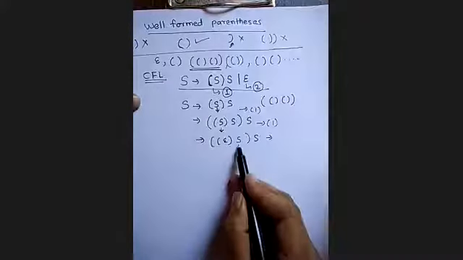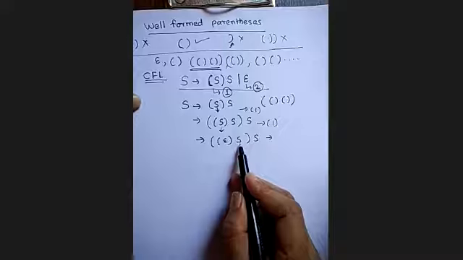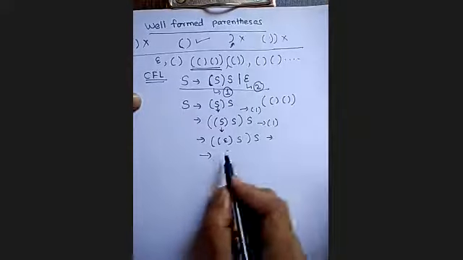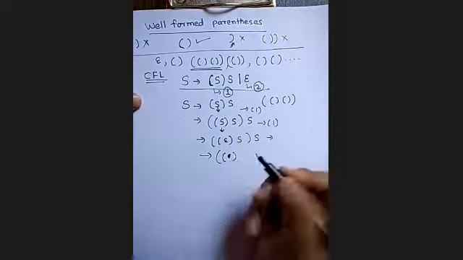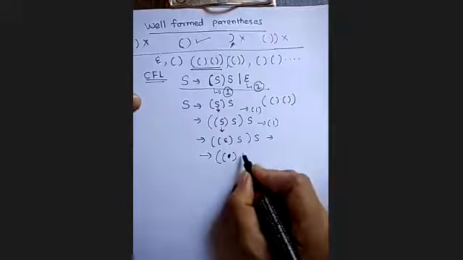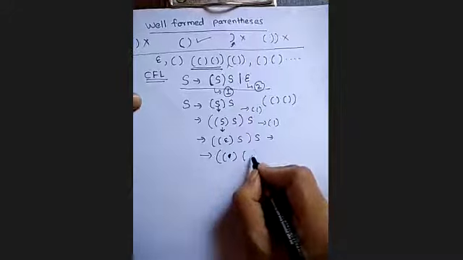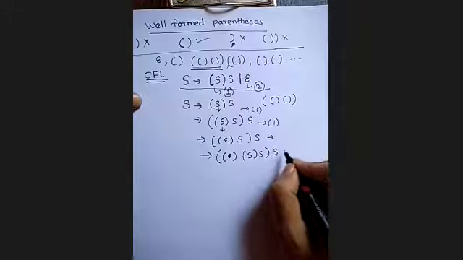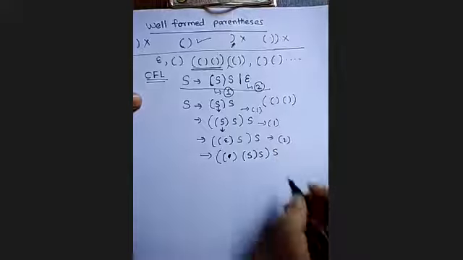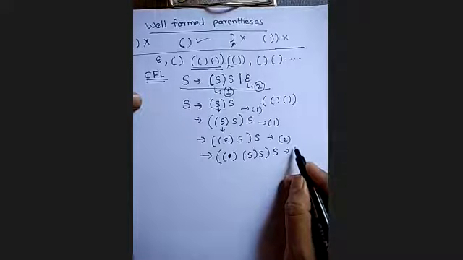Next, for this S, which rule is to be applied? Rule number 1. Okay, so I'll not write epsilon here, epsilon means empty string. So for this S, let us apply rule number 1, opening S closing S, and then this S. Rule number 2 is applied at this stage. Next, which rule is to be applied now?